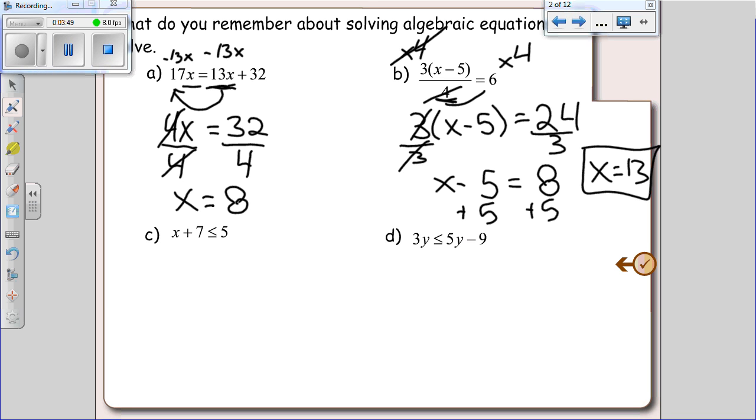Okay. For C, that's no longer an equal sign. Does that change things? No, not for this question. In future questions, potentially. And I'm going to tell you what it could change.